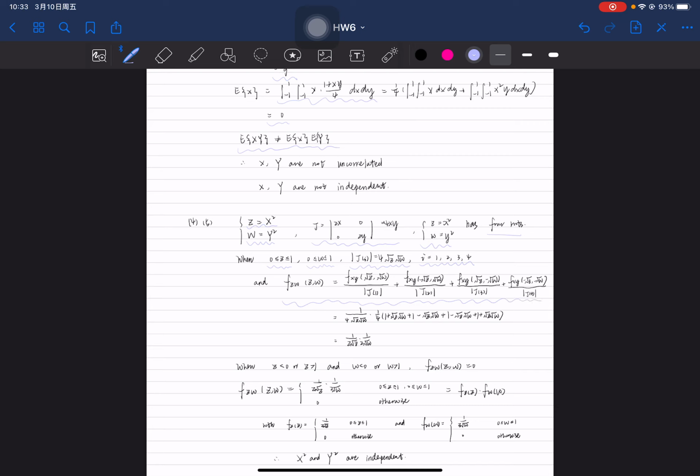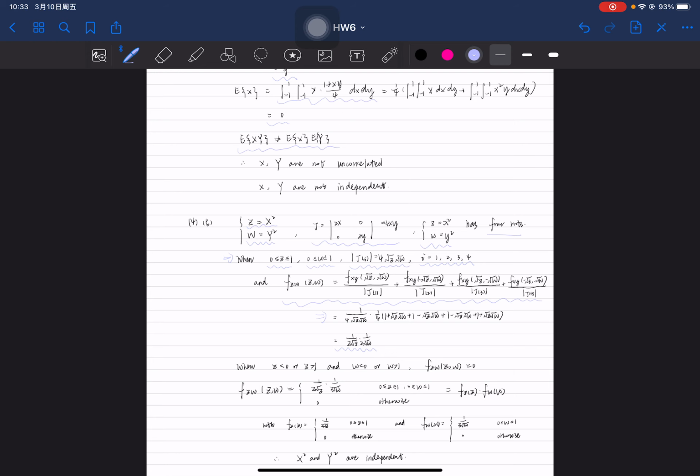After calculating with this equation, we find that the joint density function of Z and W should equal 1 over 2 times the square root of Z, times 1 over 2 times the square root of W, under this situation.